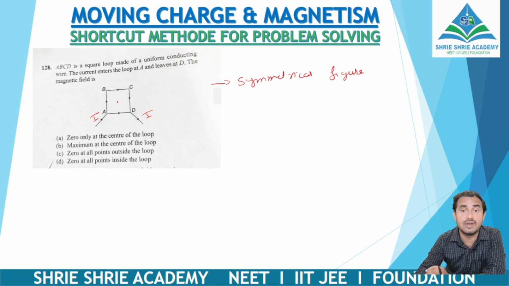At that time the magnetic field at the center will be 0. No need to find it out. So the answer is that the magnetic field will be 0 at the geometric center of the loop.